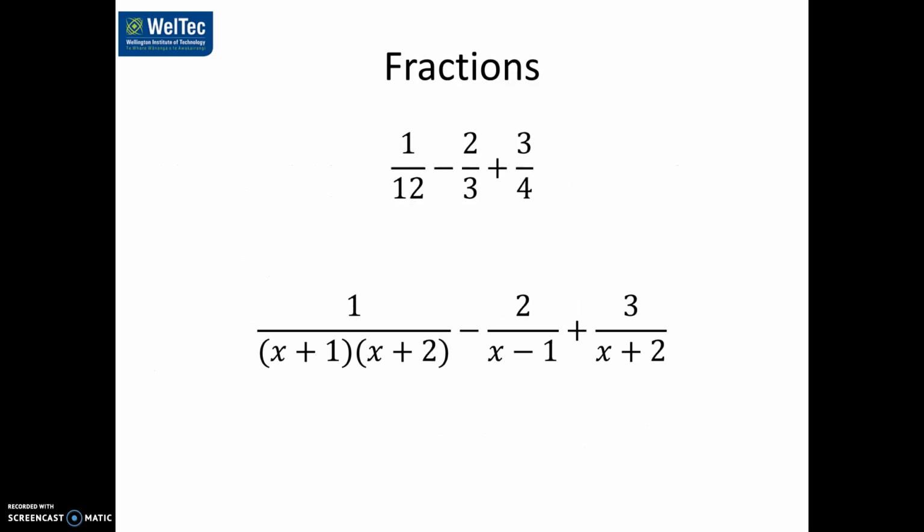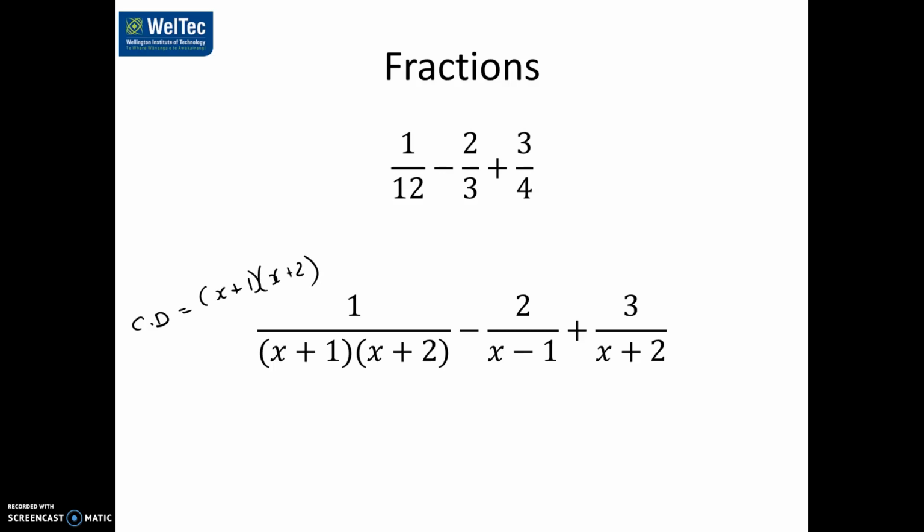Same works when we've got more than 1. And now we're just going to introduce a little bit of algebra. The common denominator there, you can see, is going to be x plus 1 times x plus 2. So let's go.